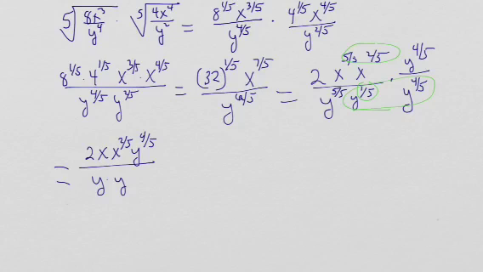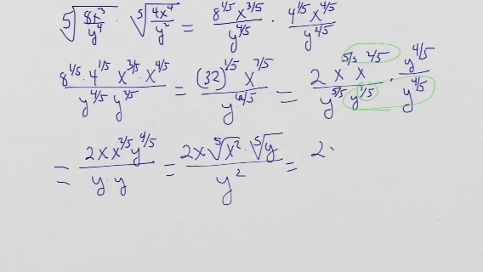Okay, so now I'm going to go back and let's simplify this a little bit. So we have 2x, and this is the 5th root of x squared times the 5th root of y to the 4th. I'm sorry, y to the 4th, my bad. And then we have y squared in our denominator.